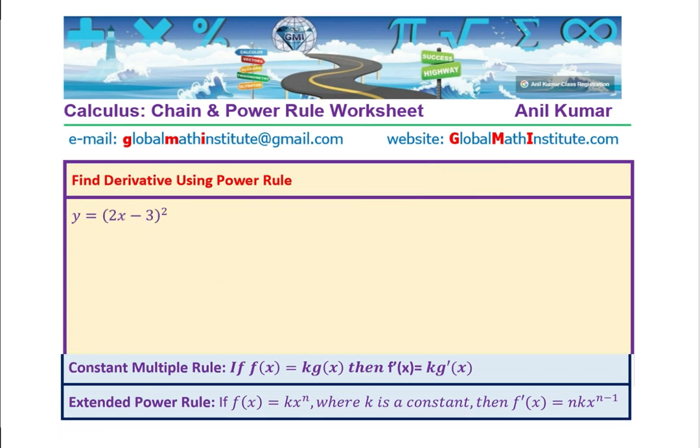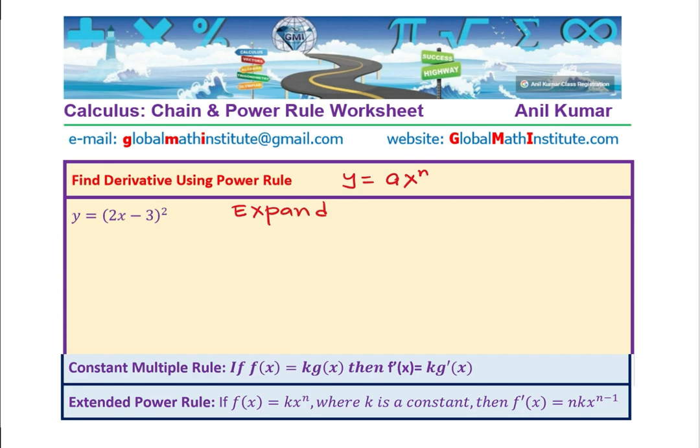Next question here is y equals (2x minus 3) whole squared. Now here we have a function, then squared. How do we apply the power rule? I need to write it in terms of a x to the power of n, each term. How do I do that? Well, in this particular case, let us expand it.